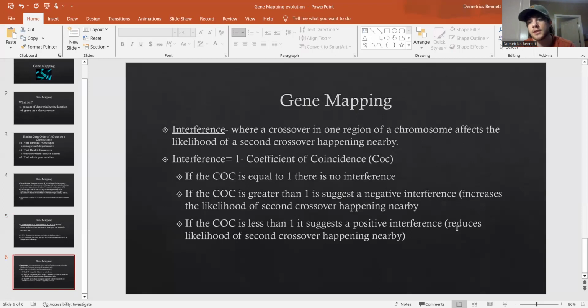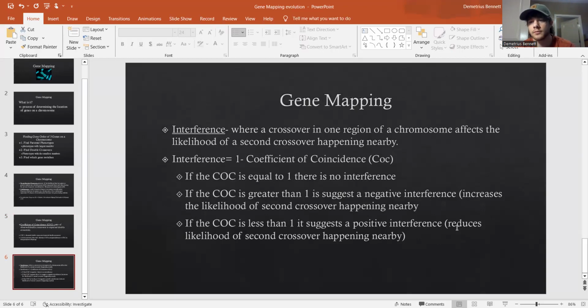And it's really easy to find if you already have that coefficient of coincidence. It's just 1 minus the coefficient of coincidence. And so we know our coefficient of coincidence was 0.5, so we just need to do 1 minus 0.5.